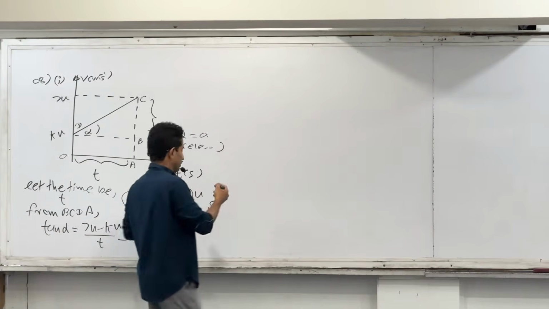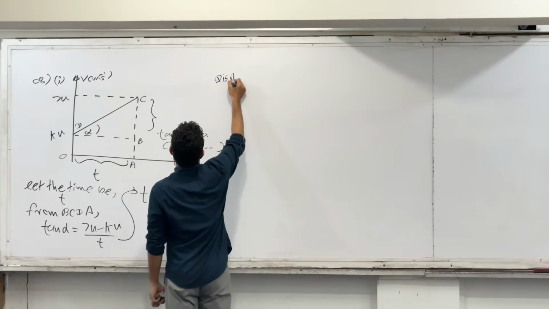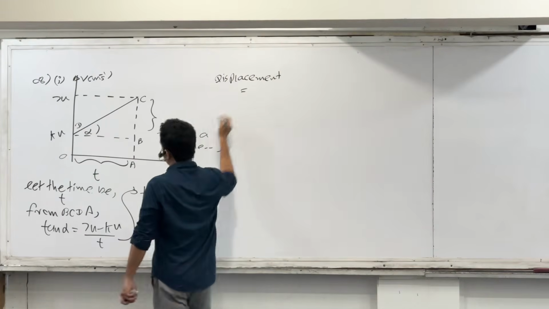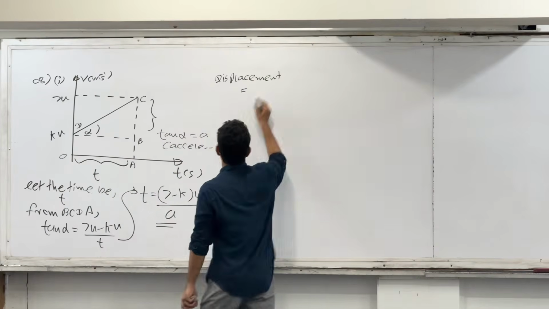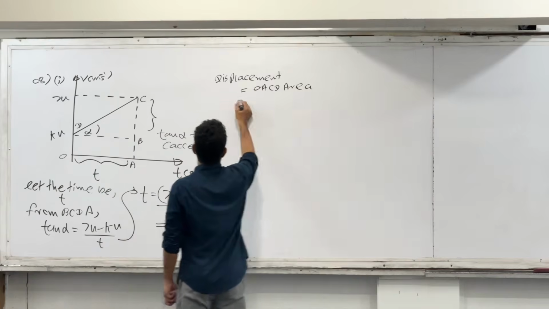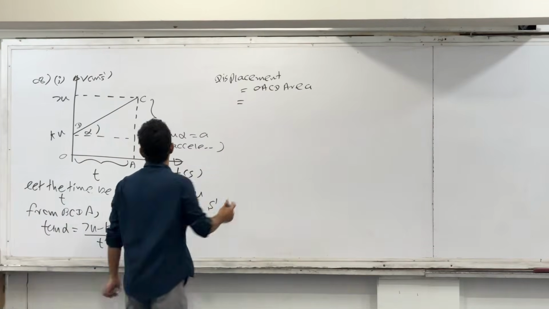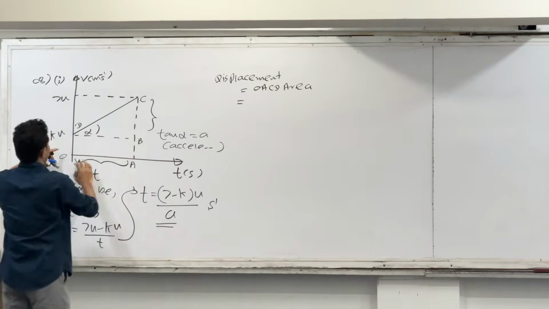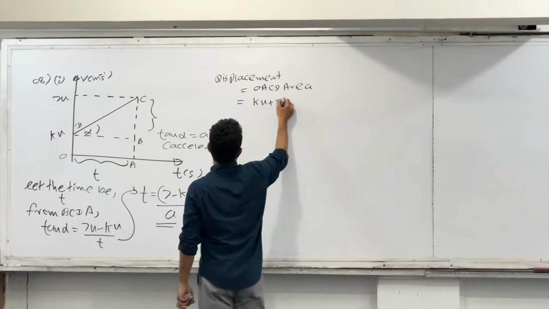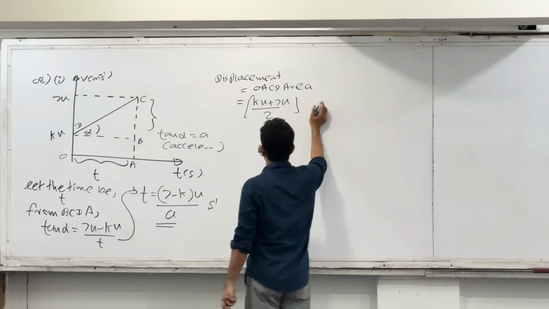Now the displacement. Displacement equals the area OACD. This is a trapezium: the sum of the two parallel sides, ku plus 7u, divided by 2, times the perpendicular height, which is t.